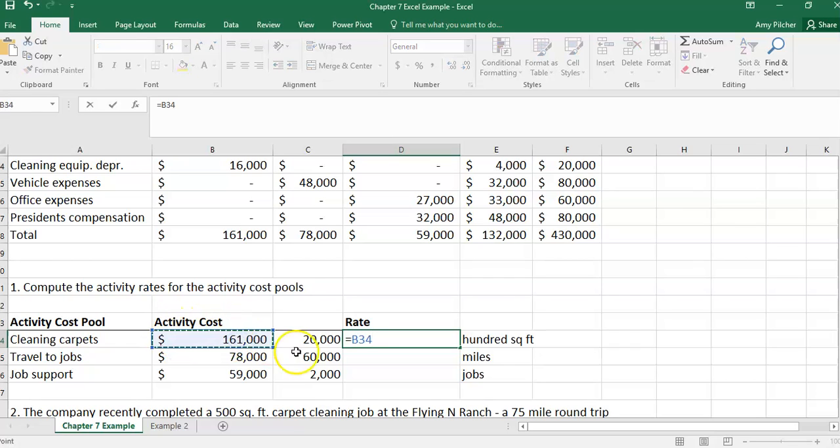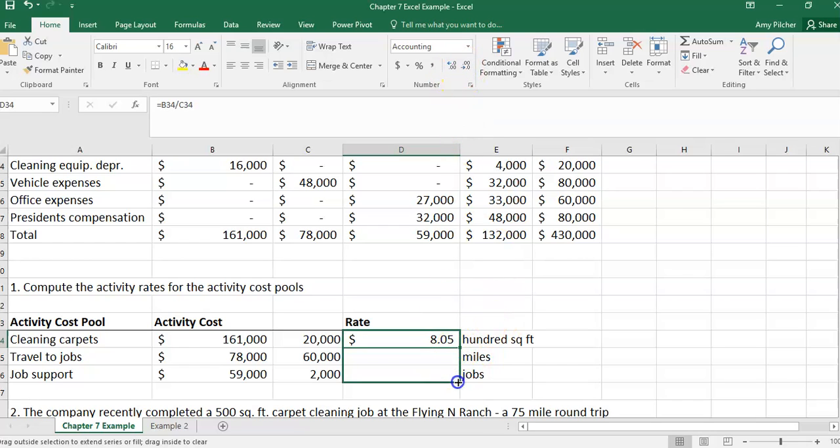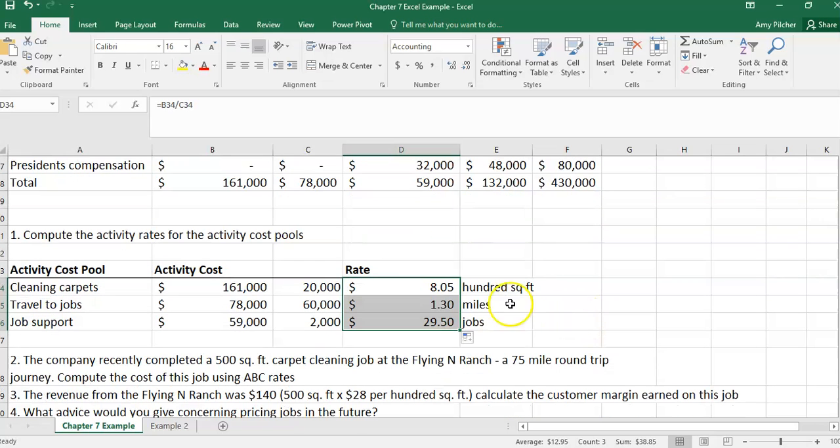So we take the cost divided by the activity measure to get our rates. And we can copy that formula. So we have a cost of $8.05 per 100 square foot, $1.30 per mile for travel, and $29.50 per job.